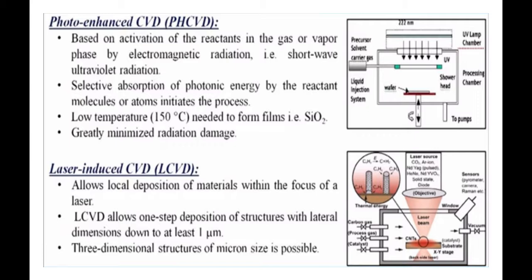So from this particular figure, as I have shown, we have given an example of CNT, that means the carbon nanotubes. So any kind of laser source you can take, and then you have to put that laser source in the chamber where you can use the laser source.